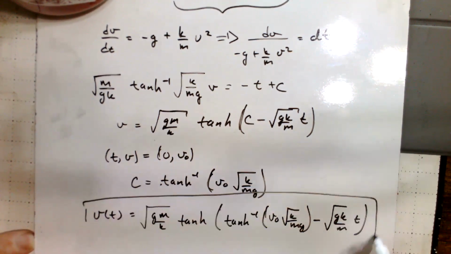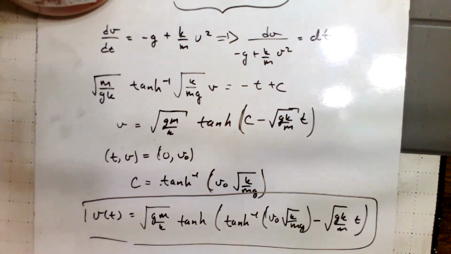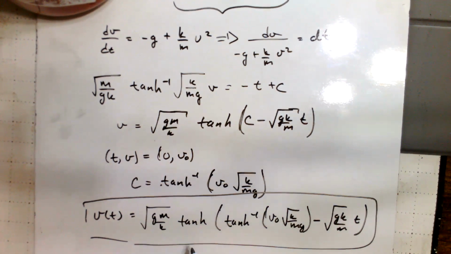And so that is how the velocity will be affected by a resistant force proportional to the velocity squared. You can also find the terminal velocity here.